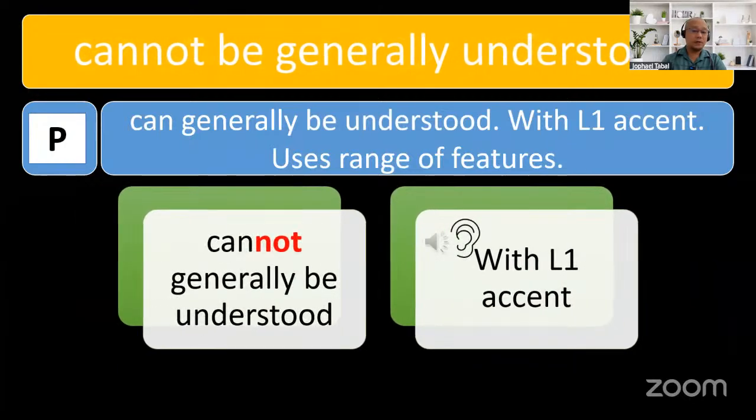First of all, we have cannot generally be understood or can generally be understood. We're going to listen to a model answer of a candidate who cannot be generally understood because there is a strong L1 accent. Let me play the audio file.